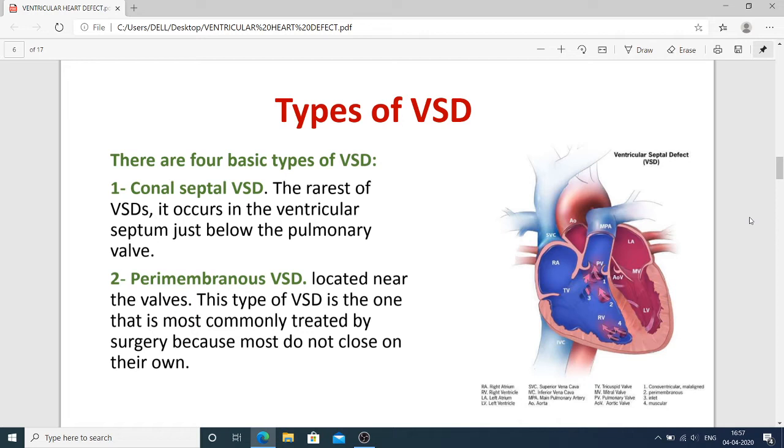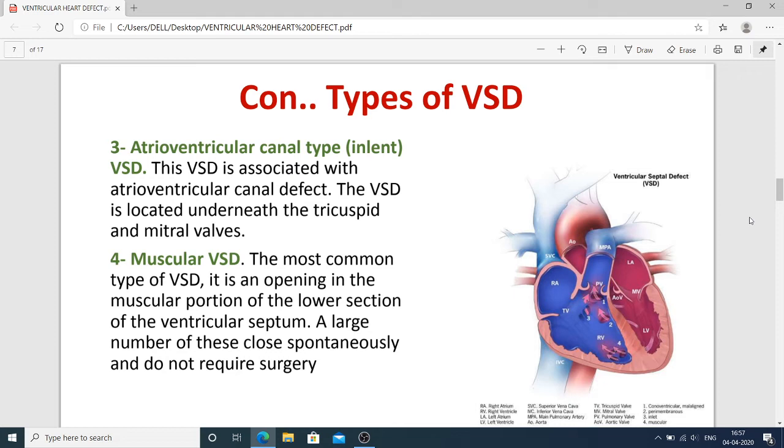Here the pulmonary valve is present, and in that place the perimembranous VSD occurs. This type of VSD is the one most commonly treated by surgery because most do not close on their own.